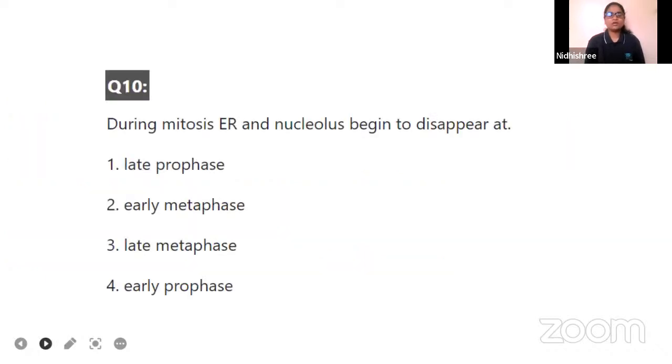Good. Question number 10. During mitosis, ER, that is endoplasmic reticulum, and nucleolus begin to disappear at which stage? Late prophase, early metaphase, late metaphase, early prophase. Yes, guys, what is your answer?